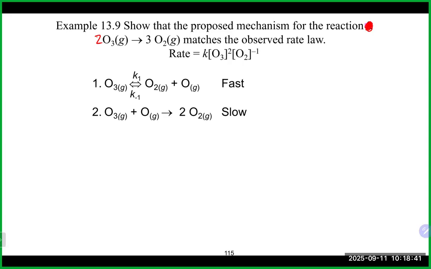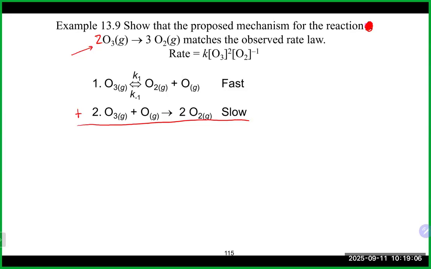Okay, so let's take a look and see. Remember, in this type of problem, there are 2 things you need to make sure of to determine if this is a good mechanism or a bad mechanism. First thing is pretty simple. We just need to add up all of our steps, and it should come to the overall reaction if it is good. So we'll do that first here. We're looking for anything we could reduce down or cancel out completely.